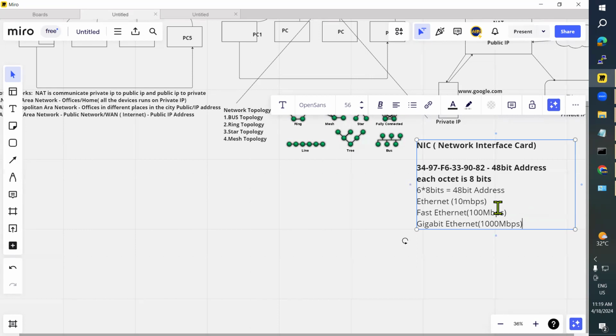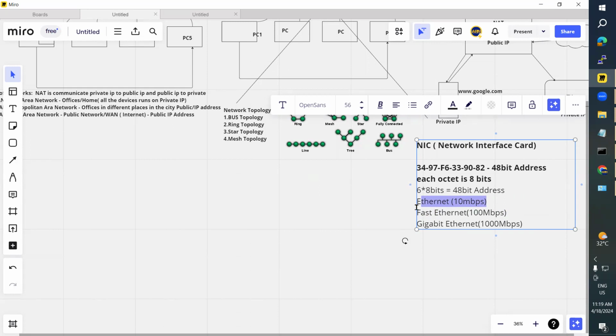Usually our computers, laptops, this is the server which I'm showing, which I'm using. The machine is the server. That is the reason we are seeing 100 Mbps. But usually in personal PCs and laptops, it is 10 Mbps, and in high-end laptops and desktops it is usually 100 Mbps.